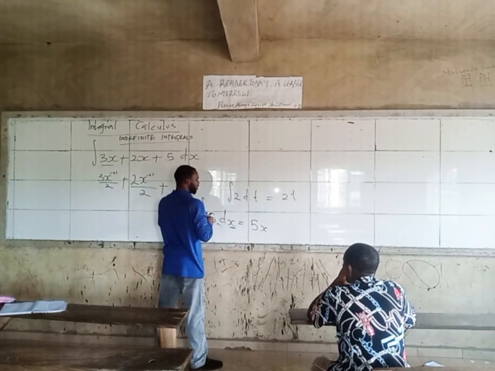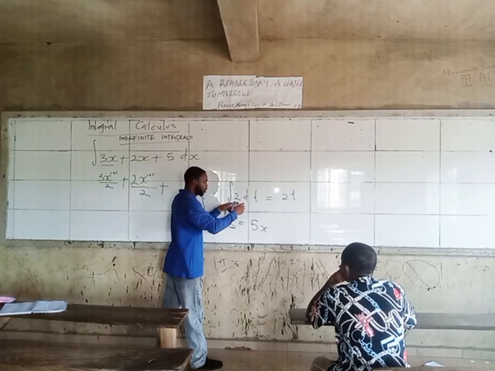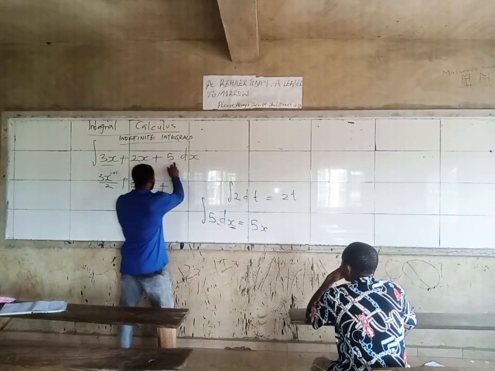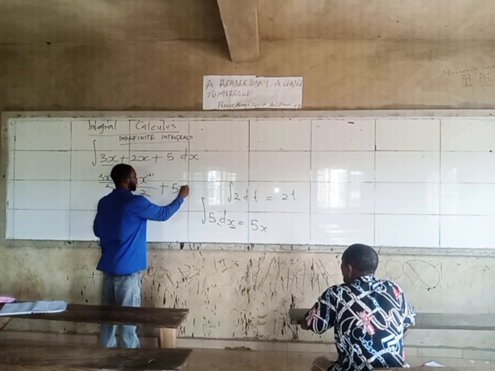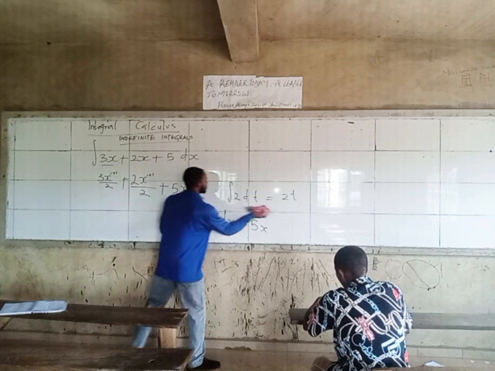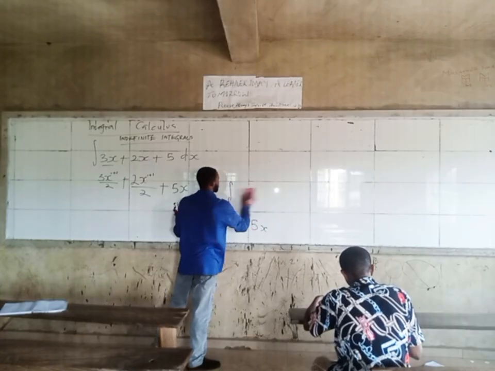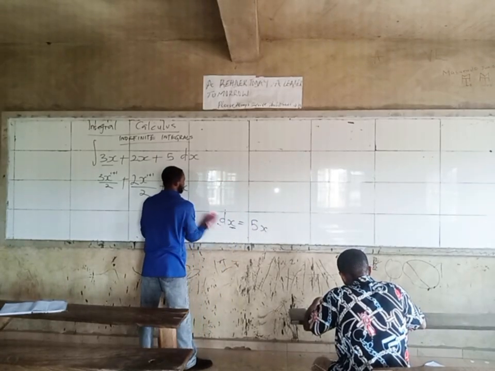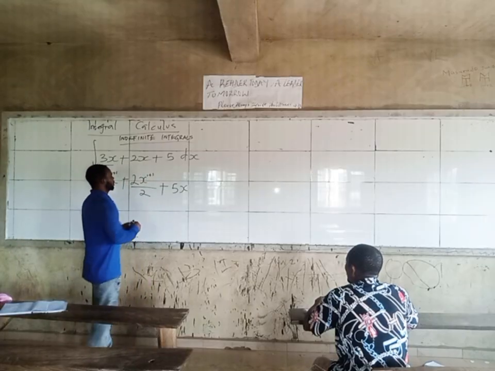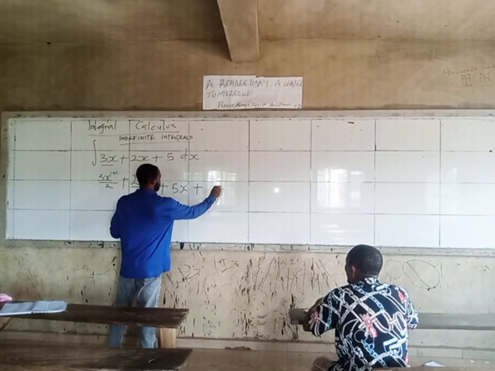Anytime you are integrating a number with respect to a variable, you multiply. So this will now become 5x. Then I'll come and put plus c.